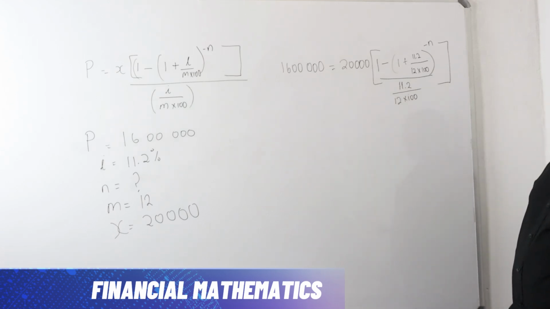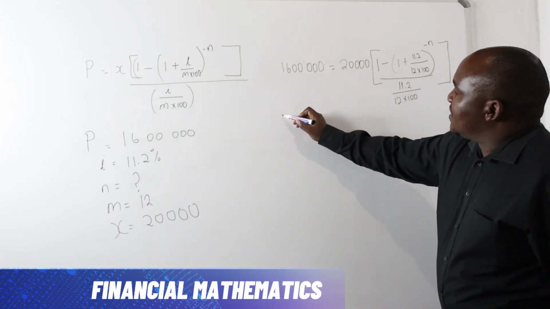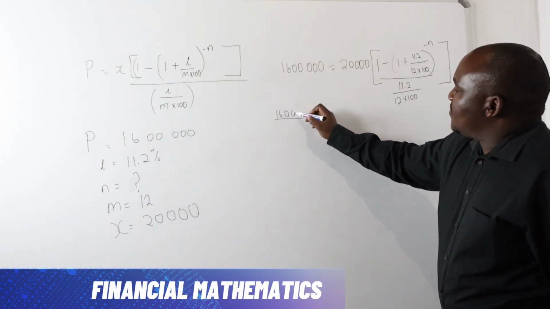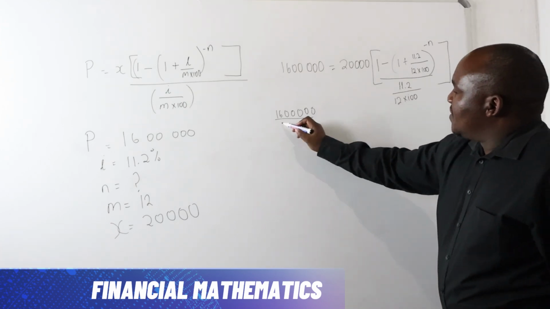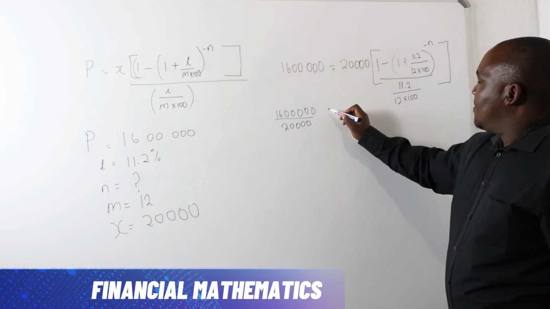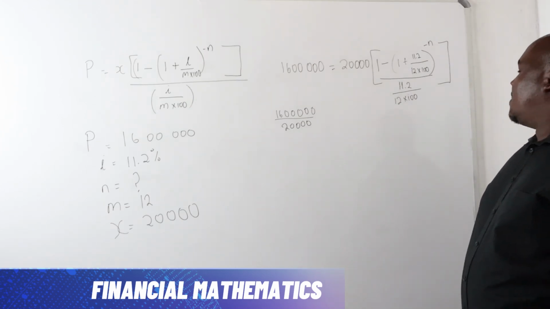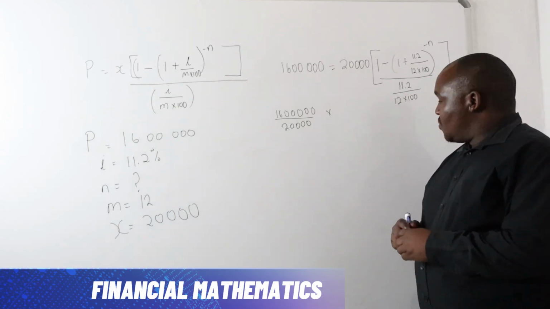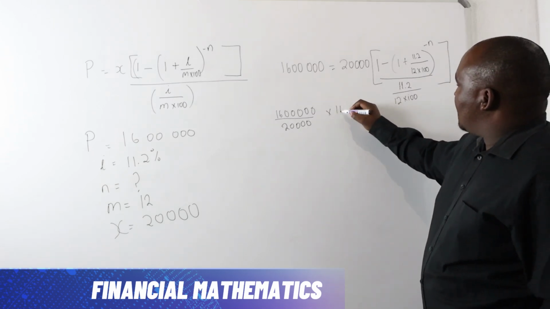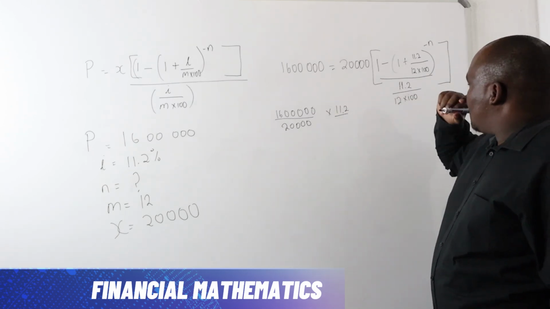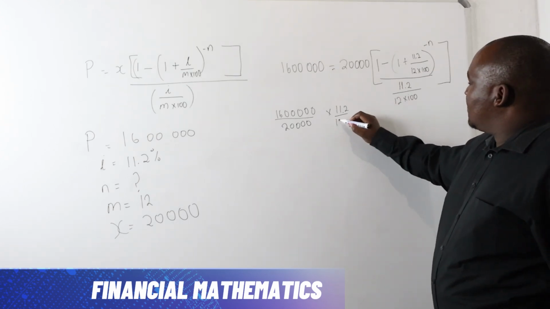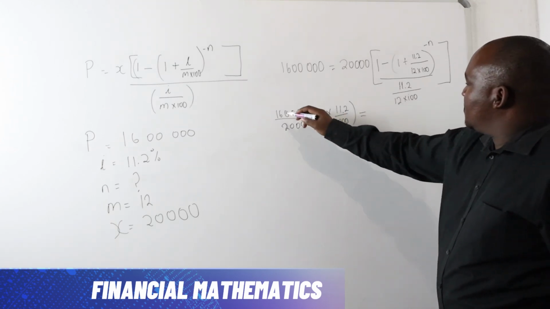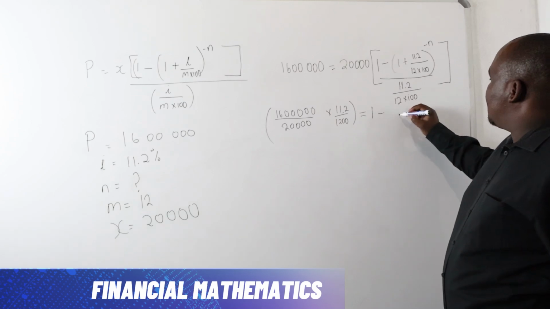So to simplify this, we can simply divide both sides by 20,000 and you get 1.6 million over 20,000, multiplied by 11.2 over 1,200, equals 1 minus 1.